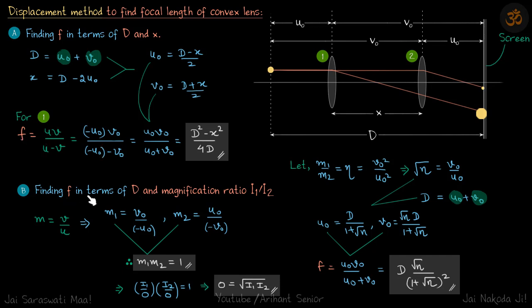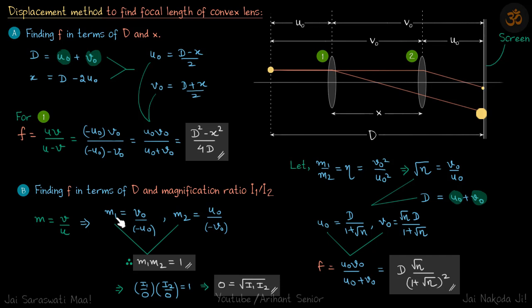Now, finding focal length in terms of d and magnification ratio I1 and I2. We'll do that here, but before that let's see two more important derivations which we can get when the setup is like this. We are dealing with magnification, so let's write magnification. Magnification for a lens is v by u.